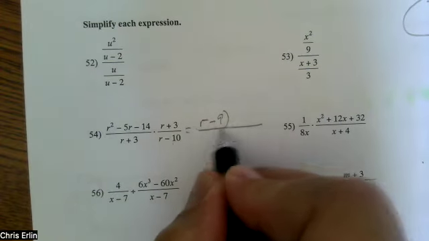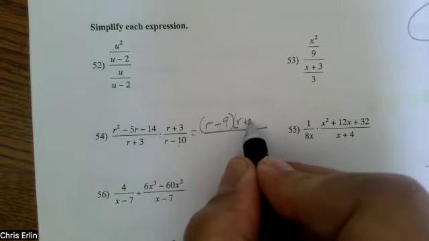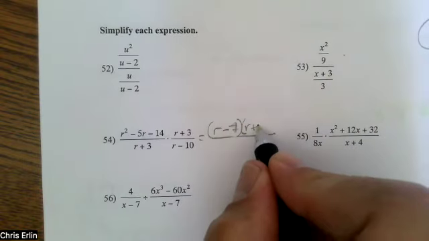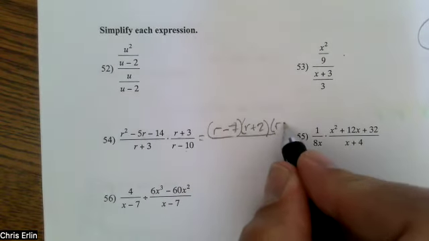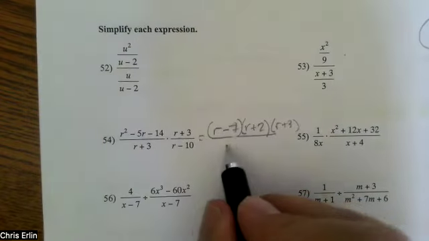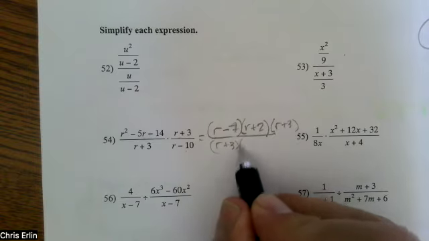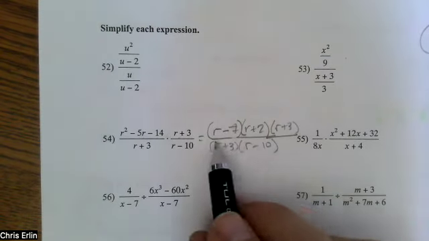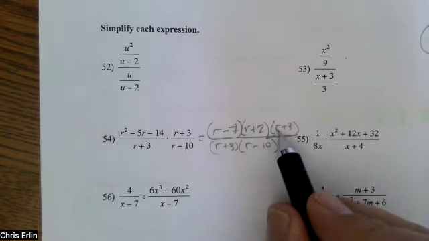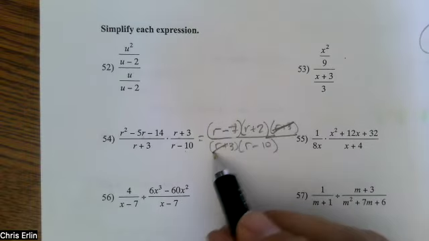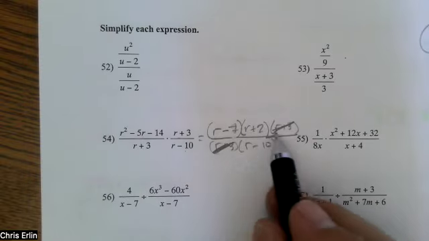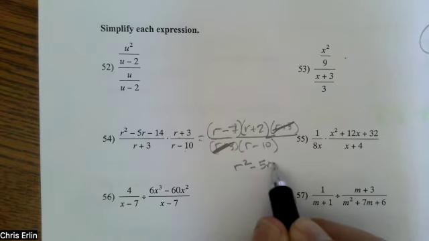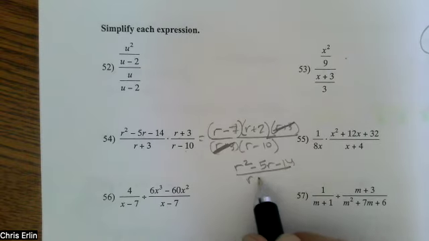I know that this is going to become r minus 9, r plus, nope, that's not right, 7 and 2. r minus 7, r plus 2, and it's being multiplied by r plus 3, and that's over this chunk, which is r plus 3 times r minus 10. Once I consider them as multiplied together, it's like one big fraction. So whatever's on top and the bottom cancels out, and I'm left with what's on top. So that would be r squared minus 5r minus 14 over r minus 10.